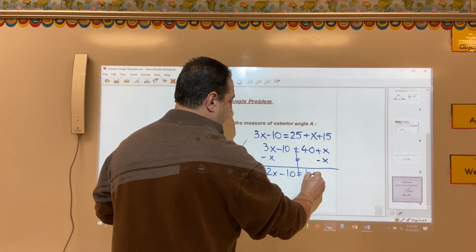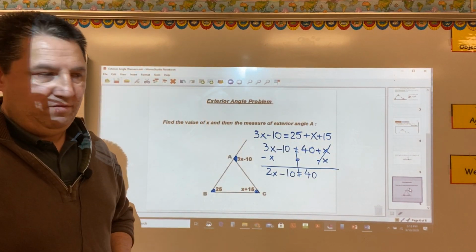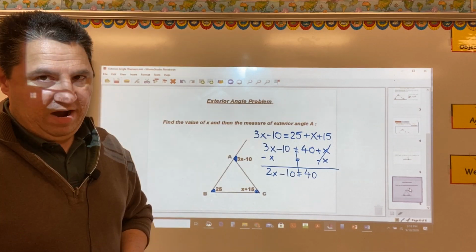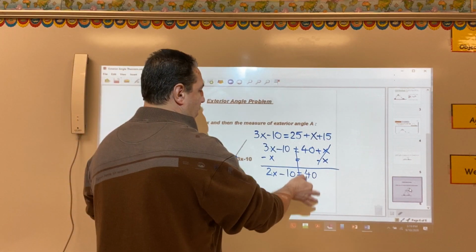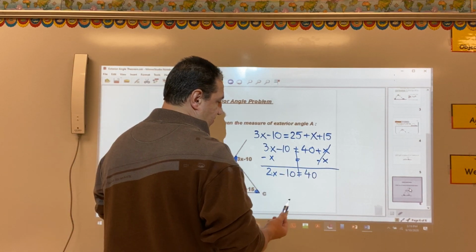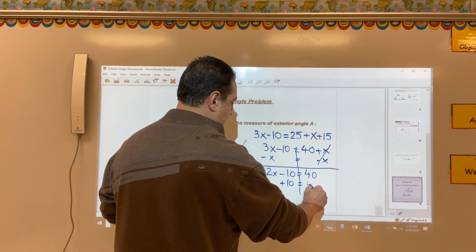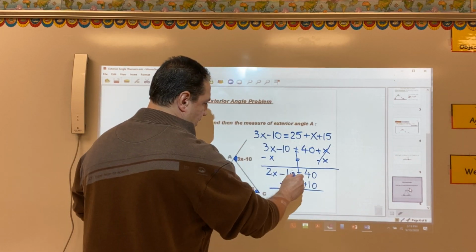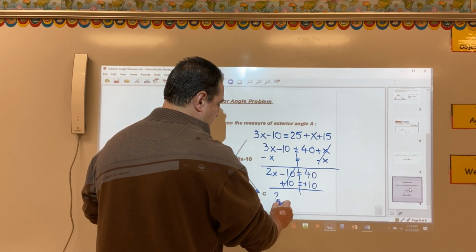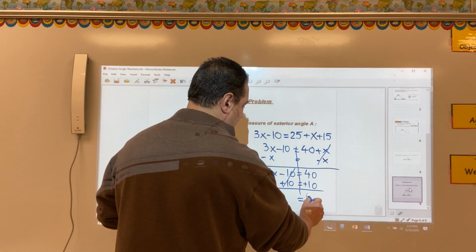We bring down 40, and we cancel out x and negative x. Then we combine negative 10 and 40. So we get rid of negative 10 first by adding 10 on both sides. And these two cancel. 2x equals 40 plus 10 equals 50.